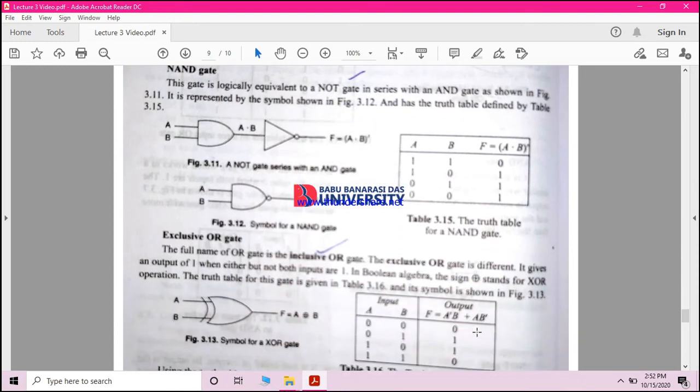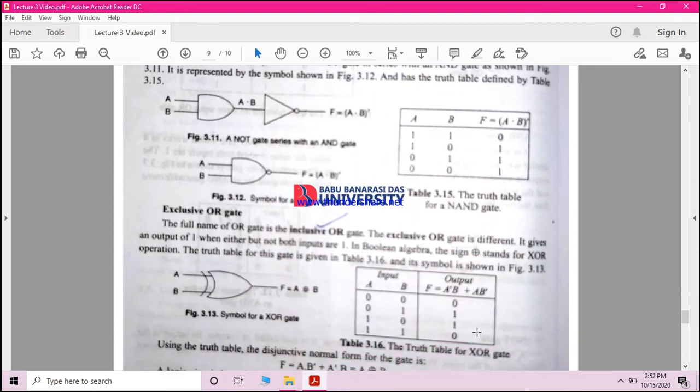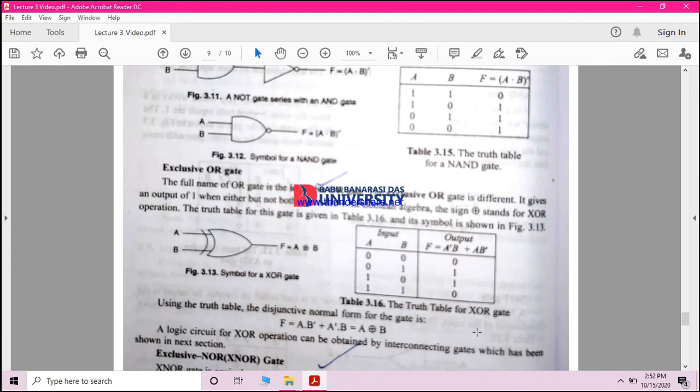Next is the exclusive OR gate. The OR gate is also called the inclusive OR gate. The exclusive OR gate is different. It gives an output of 1 when either but not both of the inputs are 1. In Boolean algebra, this sign stands for the XOR operation.